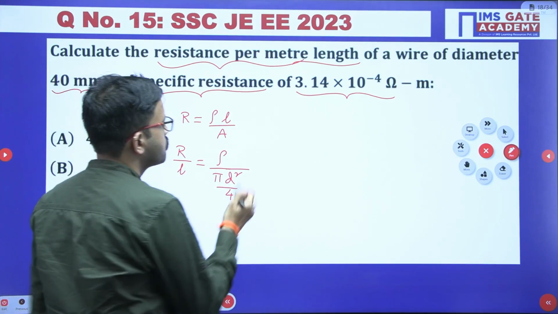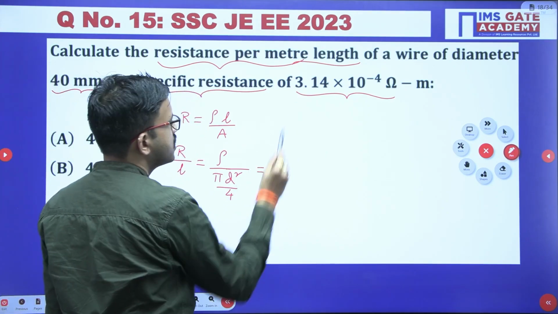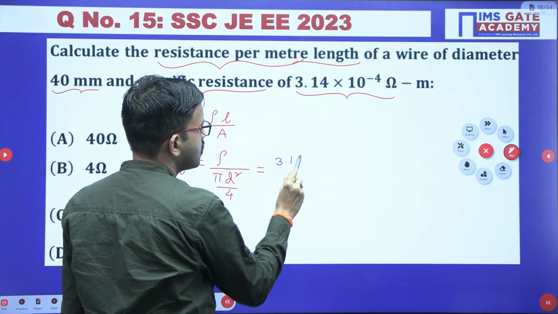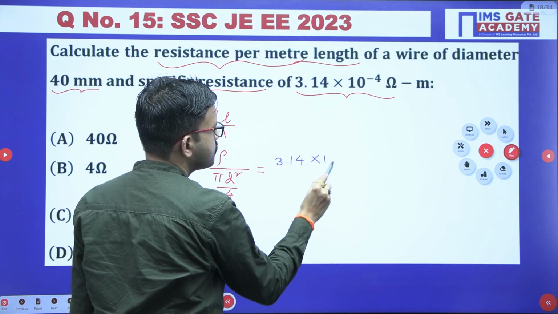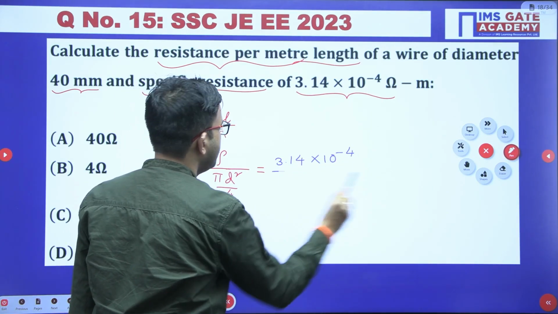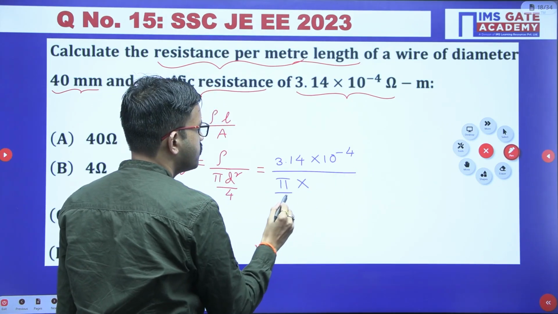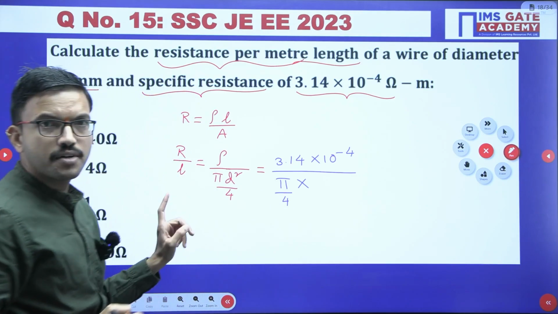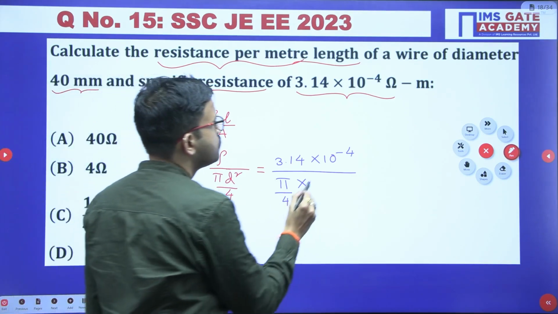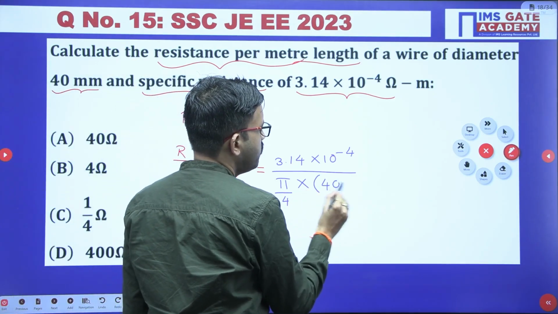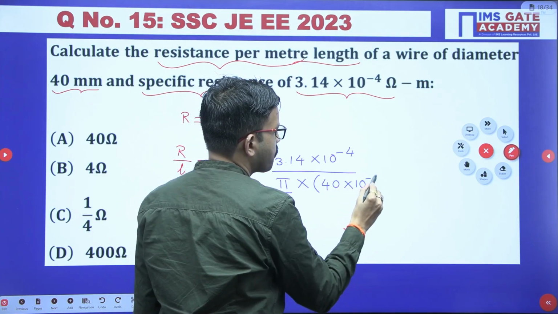So here rho value they have given 3.14 into 10 power minus 4, divided by pi, you can keep as it is, divided by 4 into d square. Diameter they have given 40 milli. Milli we can write as 10 power minus 3, whole square.